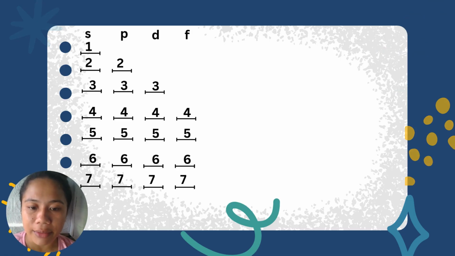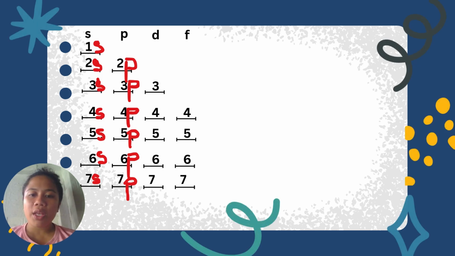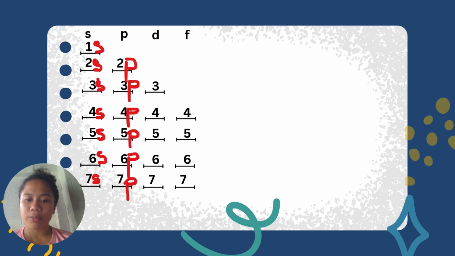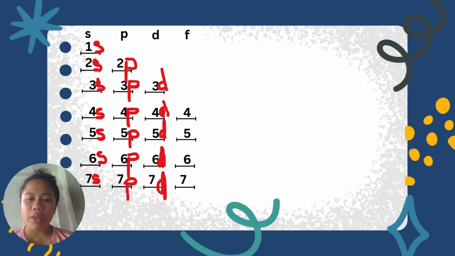So for the second column, it is under the P subshell, so you should put the letter P beside the number. So with the third column and the fourth column.